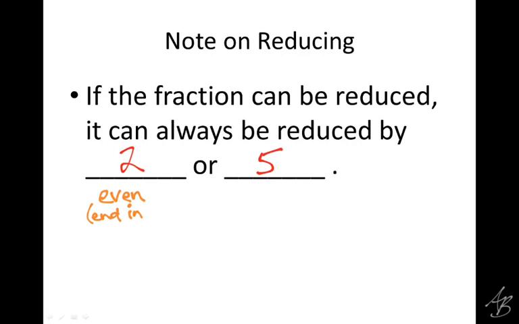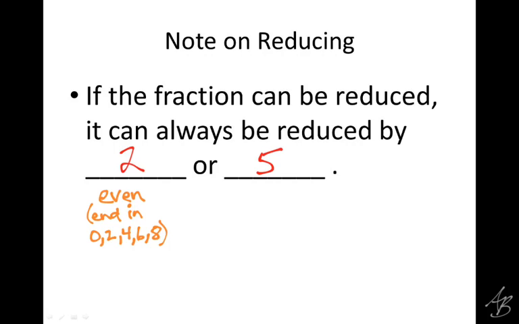What are the possible ways an even number could end? 0, 2, 4, 6, 8. So if the number ends in one of those 5 numbers, then it's even, it's divisible by 2.